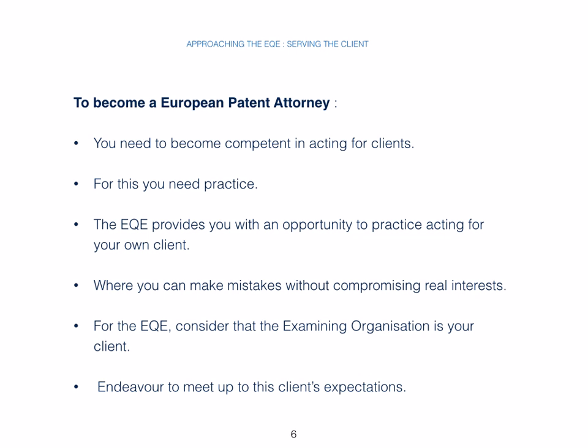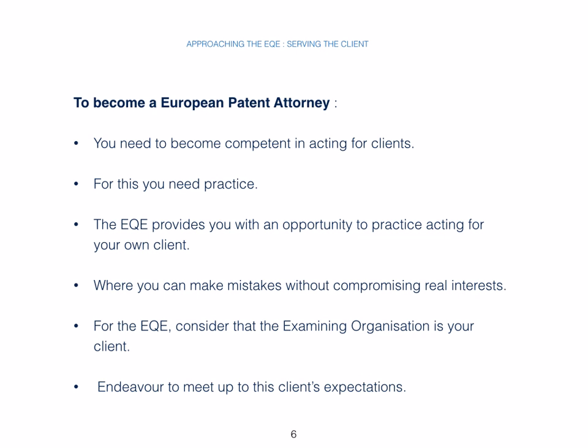And for this client, you can make mistakes without compromising real interest. There's no harm in making mistakes during your exam preparations, providing you correct your mistakes and learn from the corrections.